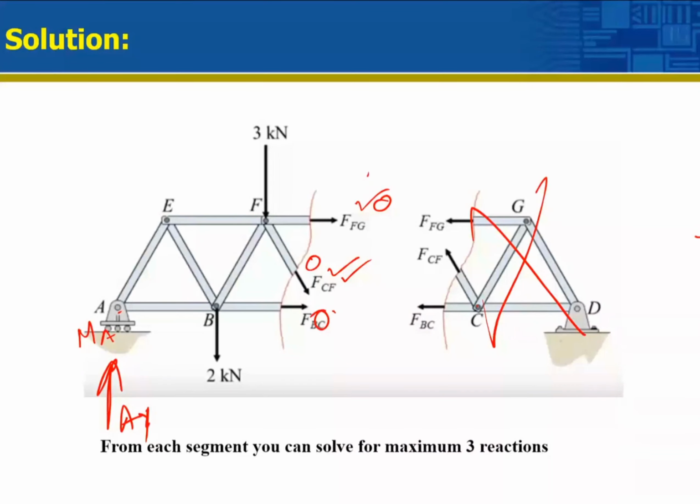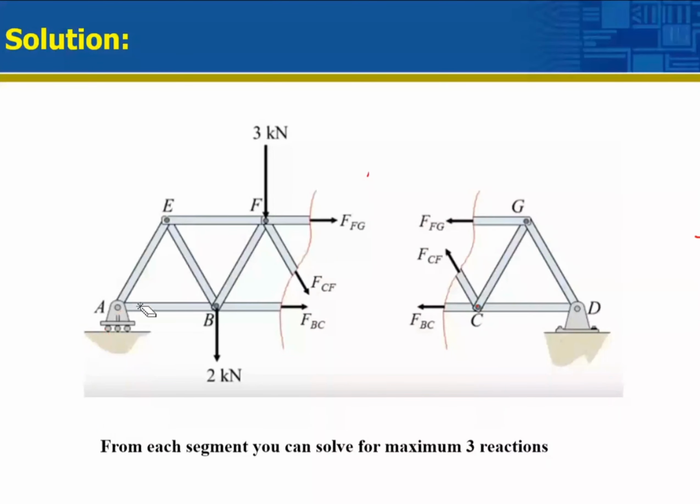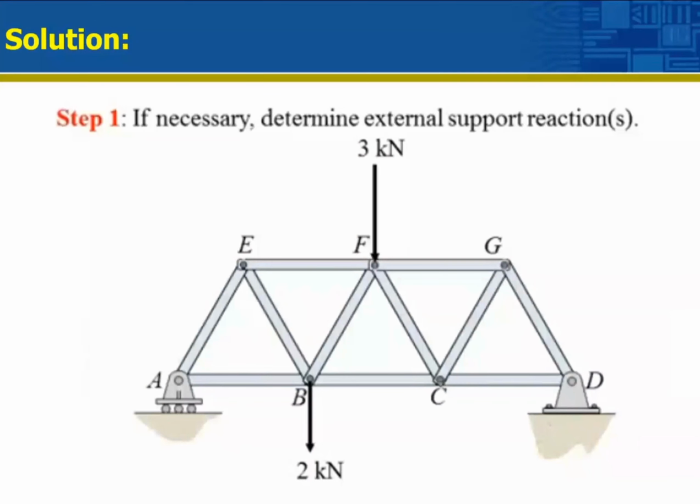So if you got a lot of equations and you're not getting the answer, the obvious thing to do is draw the free body diagram of the whole structure first and try to find your support reaction.